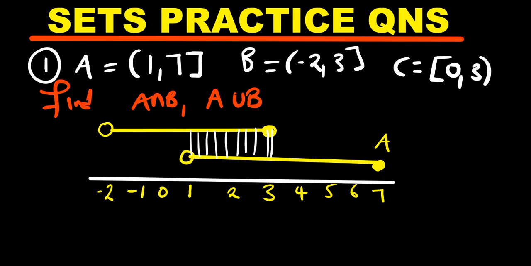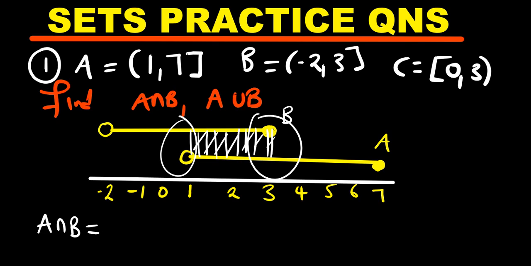That is A intersection B, because this is B and this is A, and we're trying to find what is common in between them, and that is what I've highlighted. So what is the answer according to what we've shaded? Our A intersection B will be equal to, we're starting from this region and we're ending at that region.